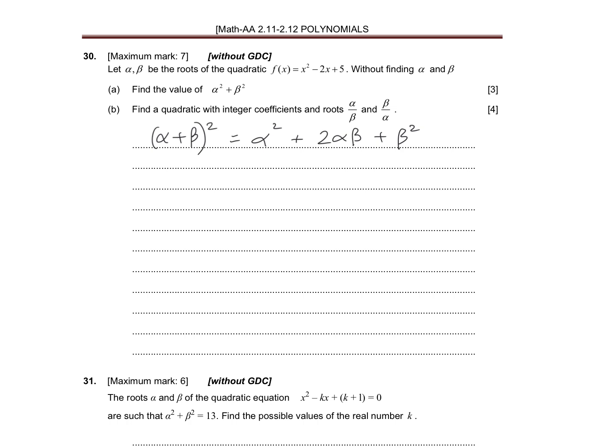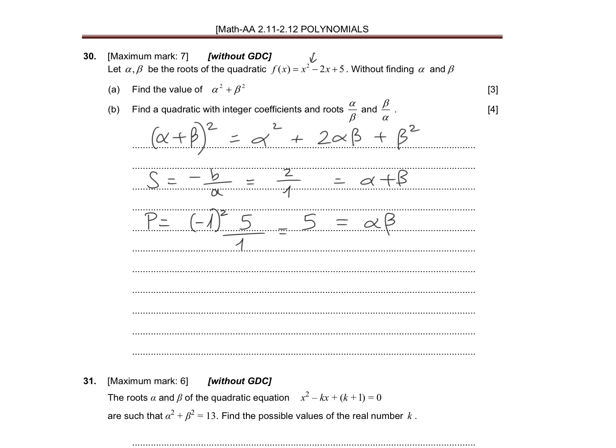So if we have the sum of the roots, that's negative b over a, which is going to be 2 over 1. So this is alpha plus beta. And the product is going to be negative 1 squared because of that. And it's c over a. So this is just going to be 5. And that's alpha times beta.